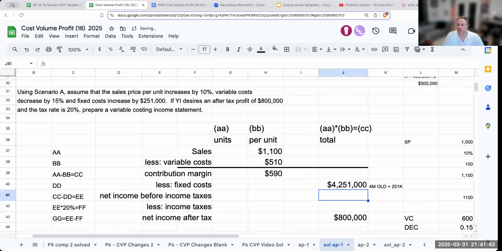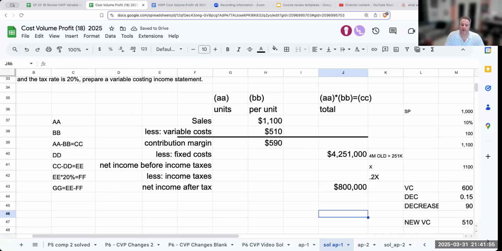So what we're going to now go through and do is that same relationship. We're going to say X is the net income before income taxes. The tax rate is 20% of that amount. That must equal 800,000. So if I have X minus 0.2X equals 800,000, this is the same as 0.8X equals 800,000.